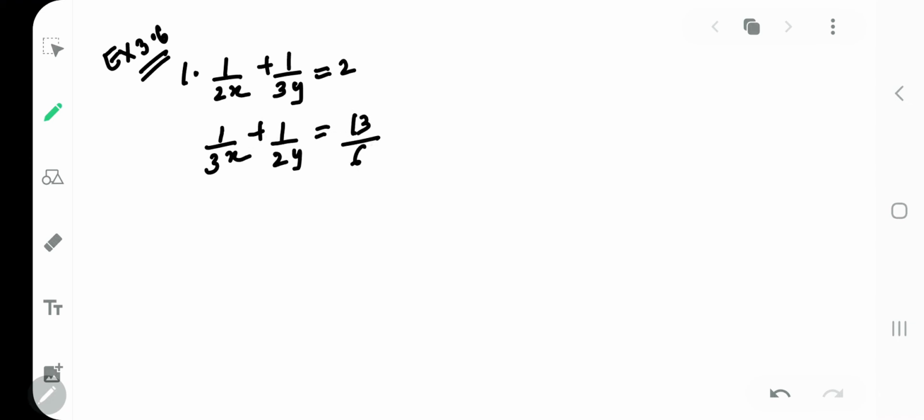But first you should be able to transform your complex equation into a linear equation. How will we do it? This is your first equation given in the problem, and your second equation is something like this. My dear kids, if you notice here, we have 1 upon x and 1 upon y here, and here also 1 upon x and 1 upon y.